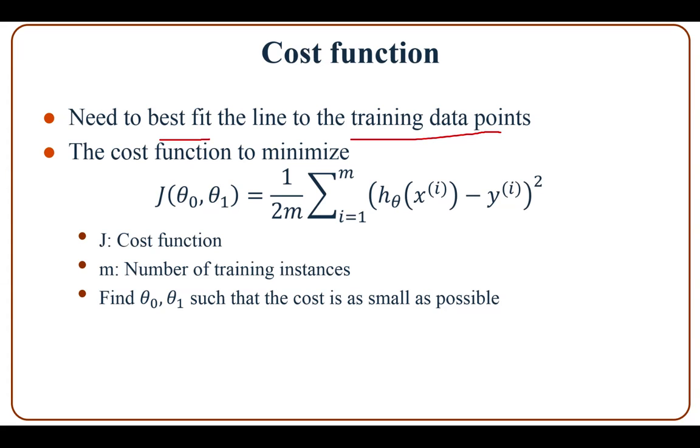So here we form a cost function, and the cost function is a function that measures the difference between the estimated and the target value for each training data point. So this is the ith training data point.